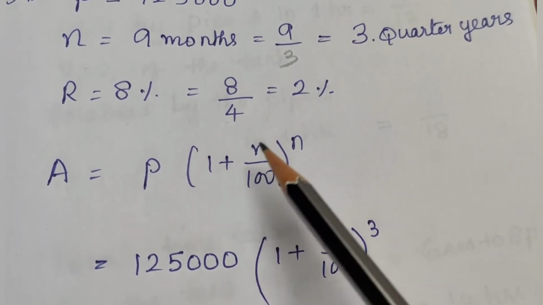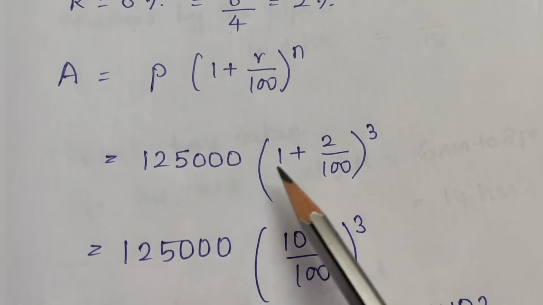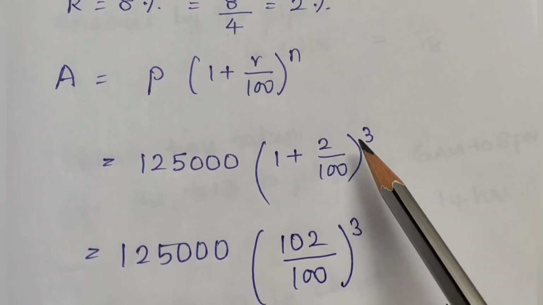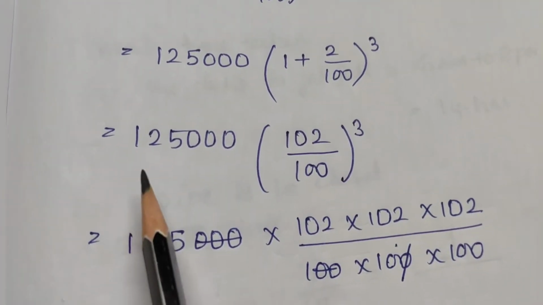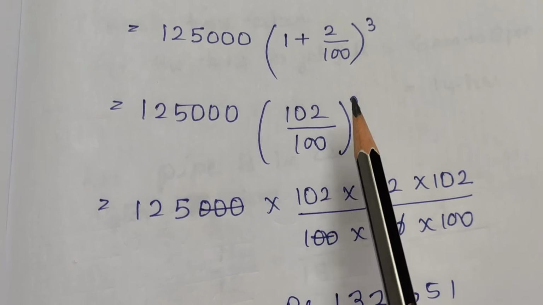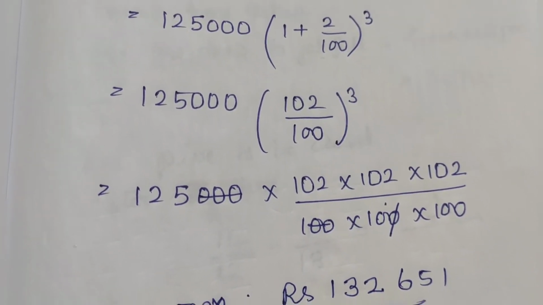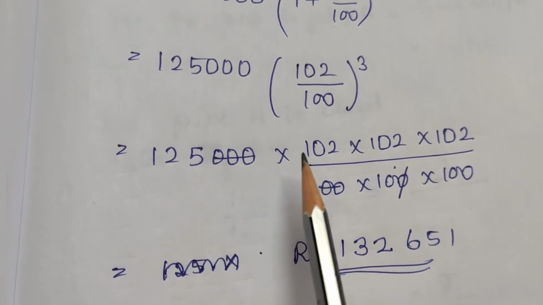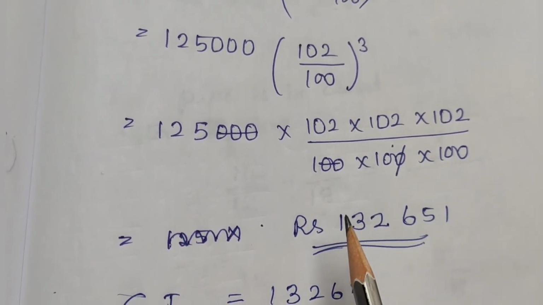Amount is equal to P into 1 plus R by 100 power n. So we get P 1,25,000 into 1 plus rate 2 by 100 power 3 quarters. So n is 3. So we get 1,25,000 into 102 by 100 power 3. Added: 1,25,000 into 102 into 102 into 102 by 100 into 100 into 100.